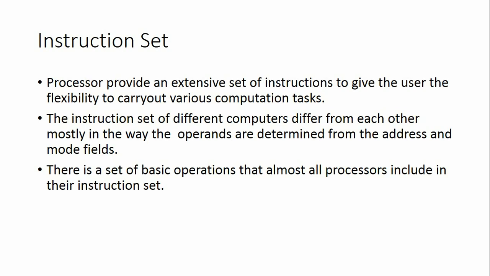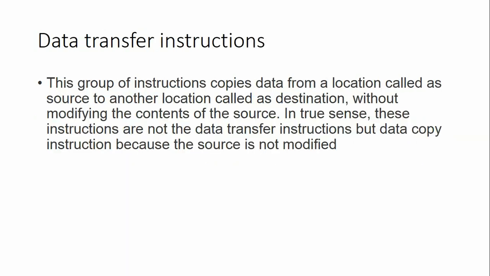There is a set of basic operations that almost all computers include in their instruction set. To do various computational tasks, we need some instruction set, and with the help of these instructions, we can do these computational tasks.